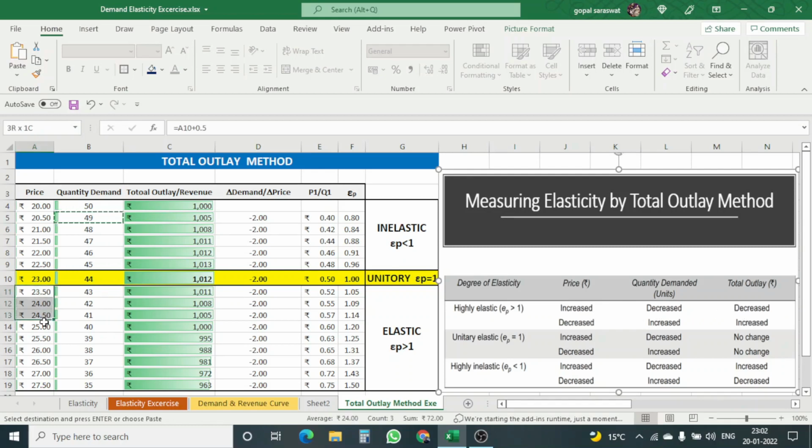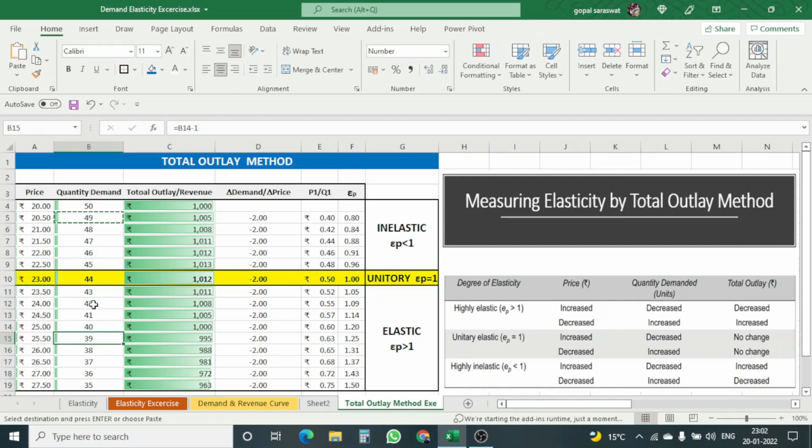So I am increasing price here. You can see that my quantity demand decreases. Yes, very right. At the same time, my total outlay is also decreasing. Second thing, in case of unitary elastic, if I increase price, you can see that my quantity demand decreases, yes, from 45 to 44, and there is no change in total outlay.